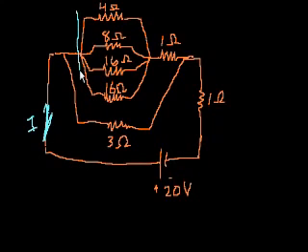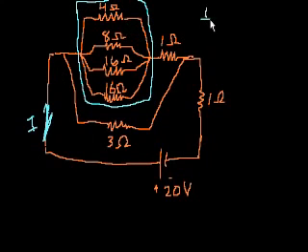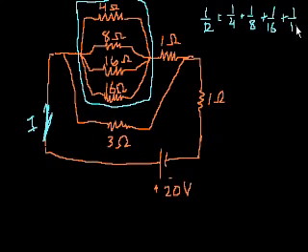Let's see if we could figure out the equivalent resistance of these 4 resistors in parallel. Well, we know that that resistance is going to be equal to 1 over 4 plus 1 over 8 plus 1 over 16 plus 1 over 16.